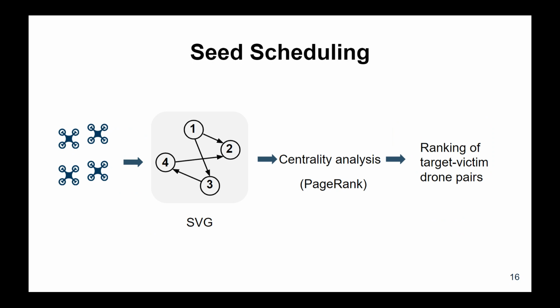In a graph, the centrality of a node represents its influence. Therefore, we use centrality analysis to calculate the influence of each drone. Finally, we rank the drone pairs based on their influence and prioritize the most influential pair during the fuzzing. This helps SwarmFuzz to find the promising drone pairs efficiently. We refer the audience to our paper for details on how to build the SVG and perform centrality analysis.